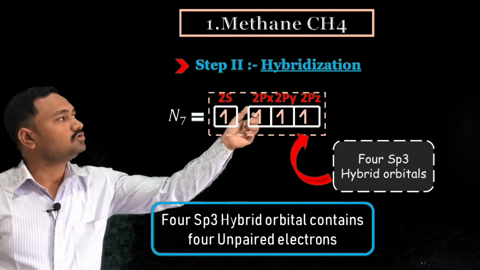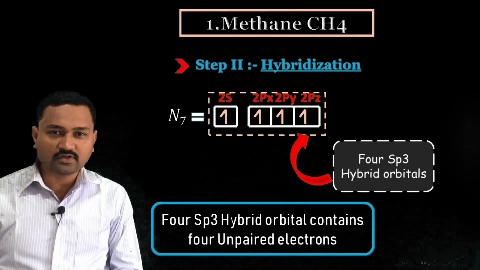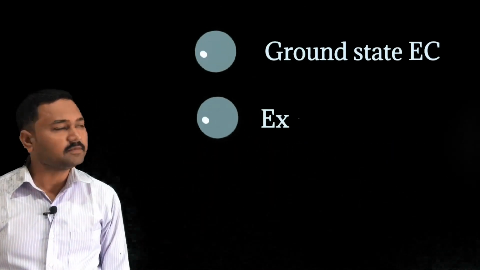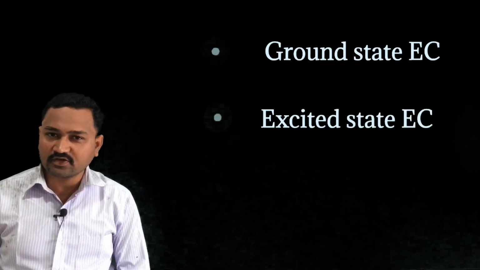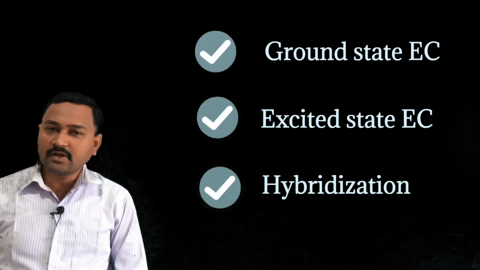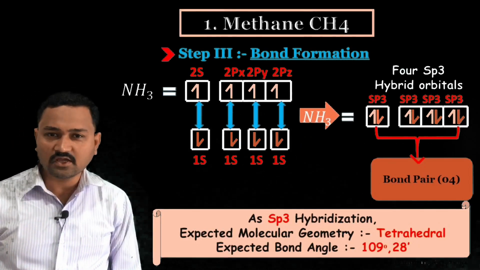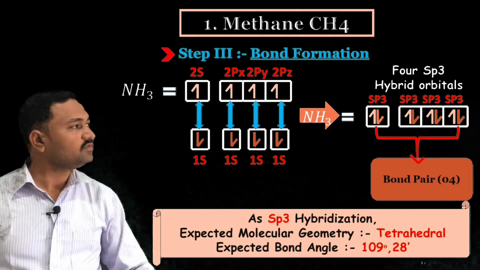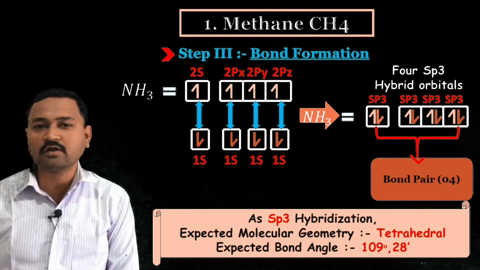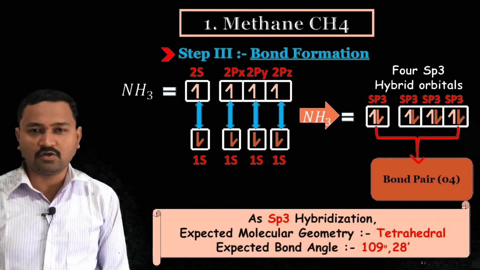Here I have shown each step for your reference: the valence shell ground state electronic configuration for the carbon atom, the excited state electronic configuration, then the hybridization process. Now in the bond formation, the 4 sp3 hybrid orbitals overlap with the 1s atomic orbitals of 4 hydrogen atoms and form the methane molecule.